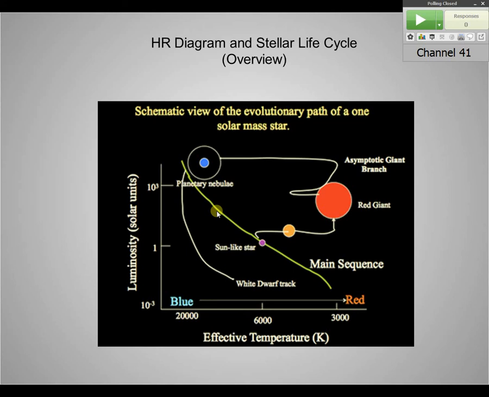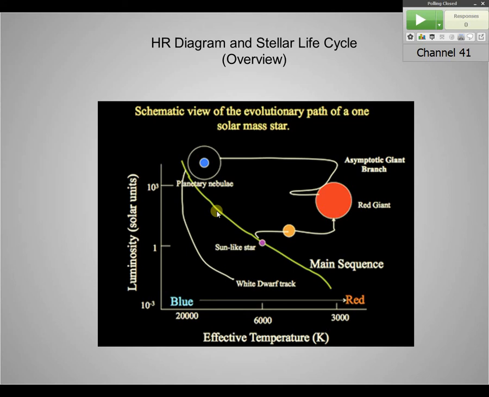But then we identified 2 other spots on the HR diagram, the upper right-hand region being the giant end of its lifetime, near the end of its lifetime, and the bottom left being the stellar corpse region where the white dwarf stars live.